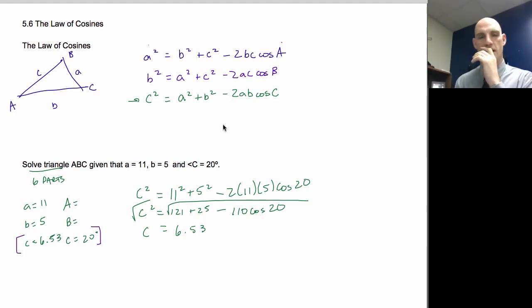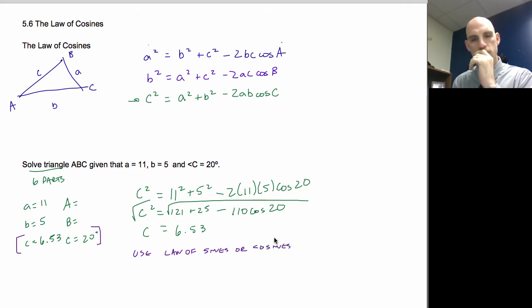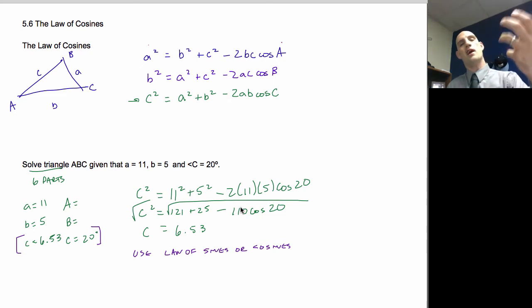One cautionary tale. You could use sines or cosines. But like what we've talked about, sometimes when you use the law of sines, because of the arcsine function, when you work backwards, its range is only 0 to 90.